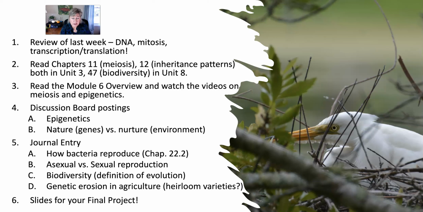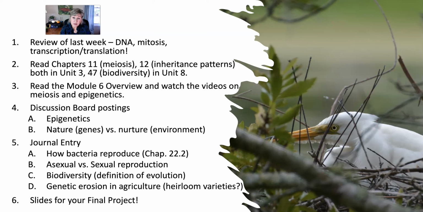Okay, so last week we learned about DNA, the molecule itself, how it's replicated, how it's used to make proteins, how mitosis works, which is a type of nuclear division where chromosomes are replicated and then they're split apart so that you end up with daughter cells that are just like the mother cell.